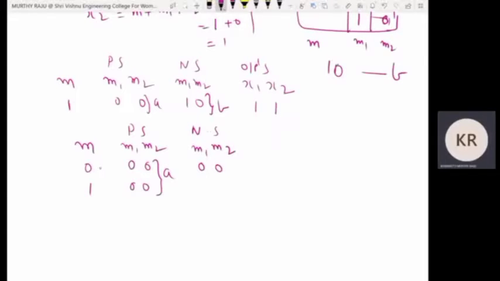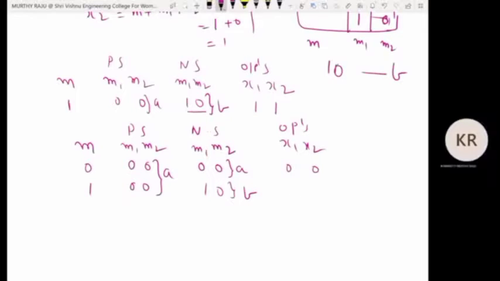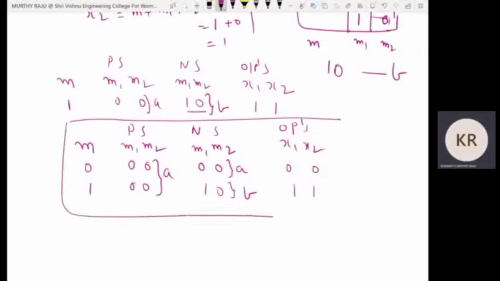For 0 message input, the next state is also A. For 1 as the message information, therefore next state is 1, 0, represented by B. Outputs X1, X2: 0, 0 and 1, 1. This is the complete information for one state.